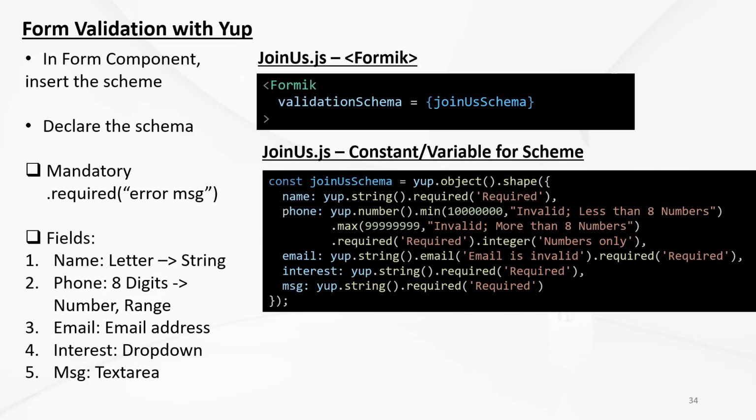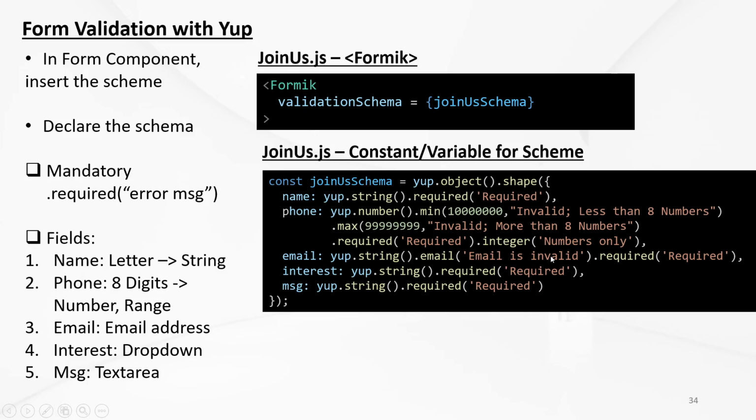Okay, so let's go to the email. In email address, the reason for using yup is because it has some predefined schema, and in this case for email, I do not have to manually define the schema myself. As you can see here, if the email is invalid, this message will be displayed.